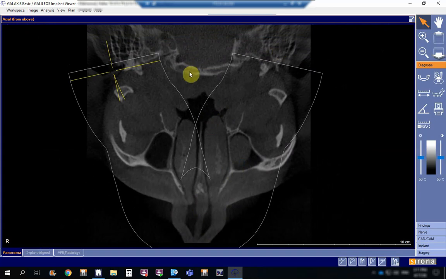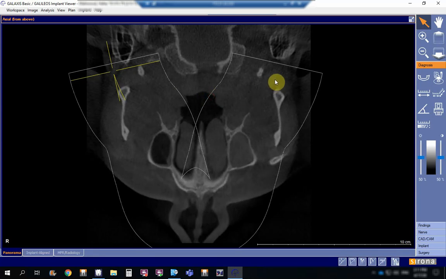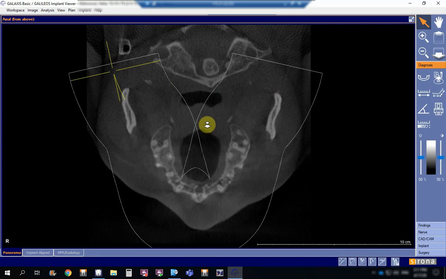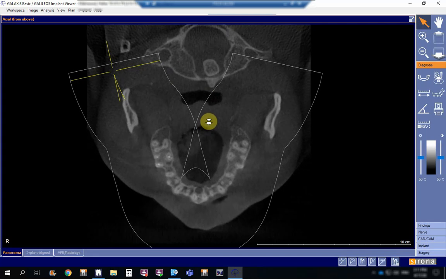This is the atlas vertebra. See, it goes all the way up, and you can see here on either side, these are the styloid processes. Styloid process, sometimes it may go, see, this is one, this is the other one, and now it has disappeared.